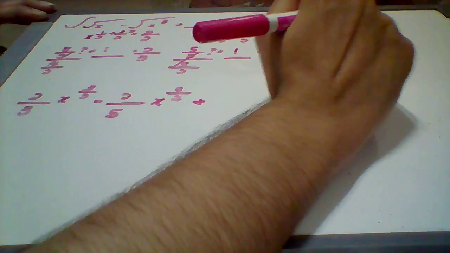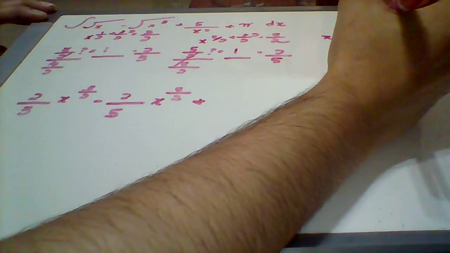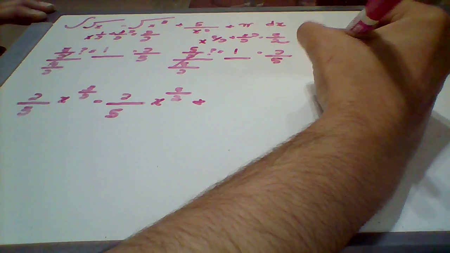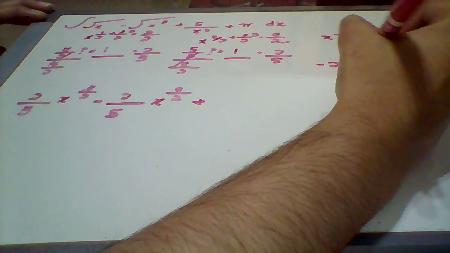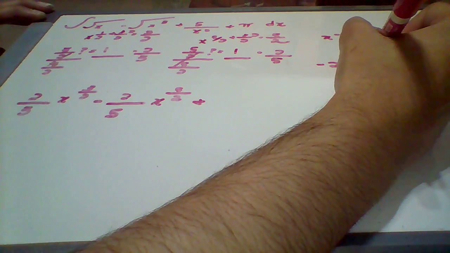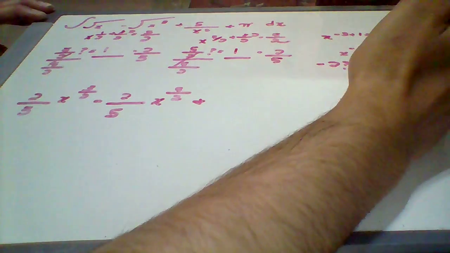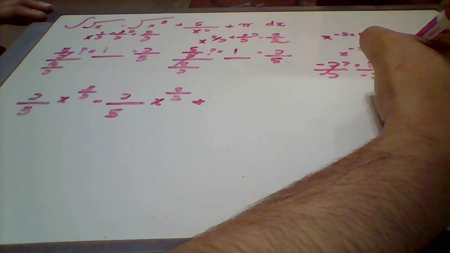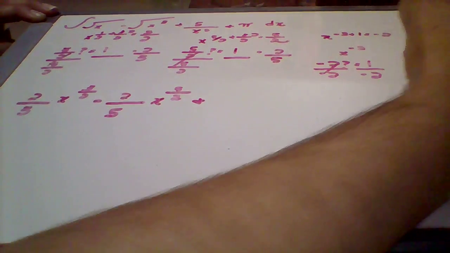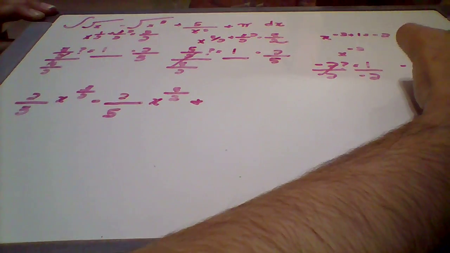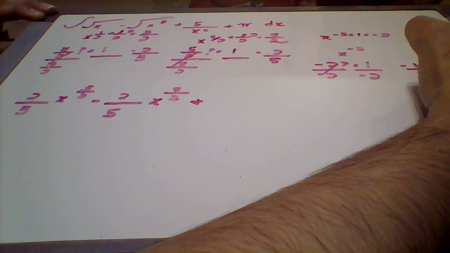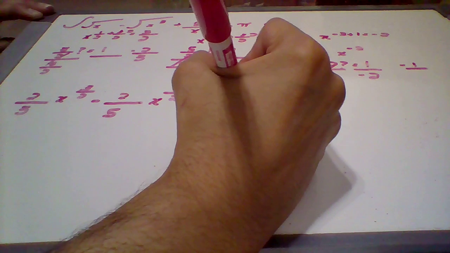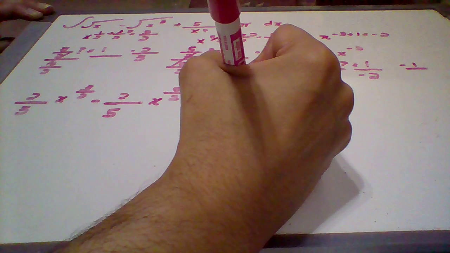I need to do an equation. So negative 2 times what would get me 1. So that'd be negative 1 half. So I'd have 5 times negative 1 half x.